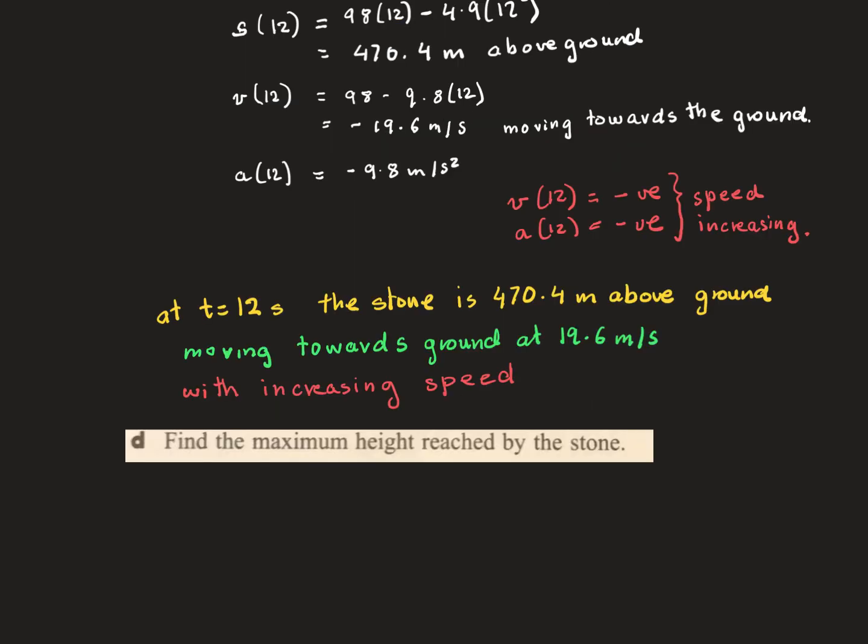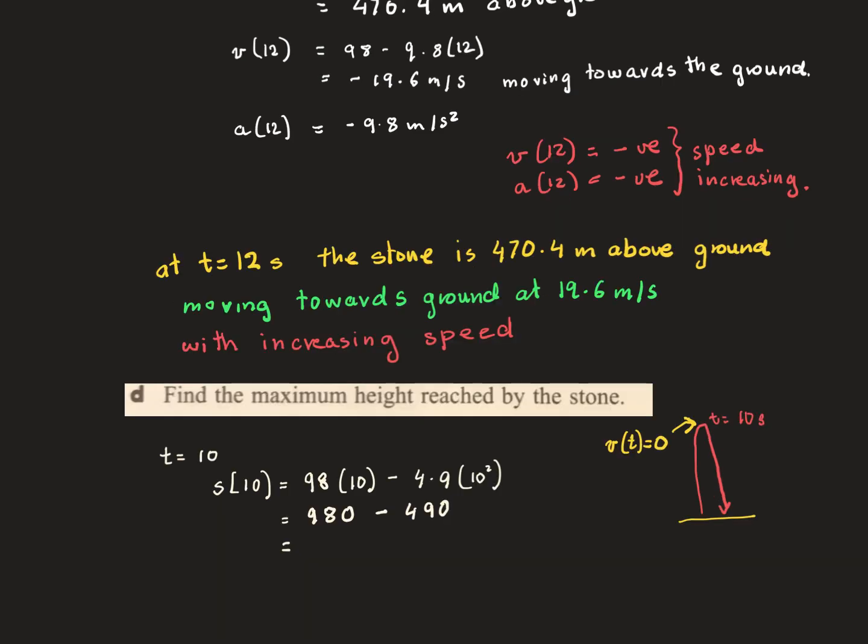The maximum height was achieved, if you remember from question 1, when the stone was at its highest point and changed its velocity. So that happened when time was equal to 10 seconds, when velocity was equal to 0. So by substituting t equal to 10 into our displacement function, we will find out what the height was. And this would have been 490 meters above ground.